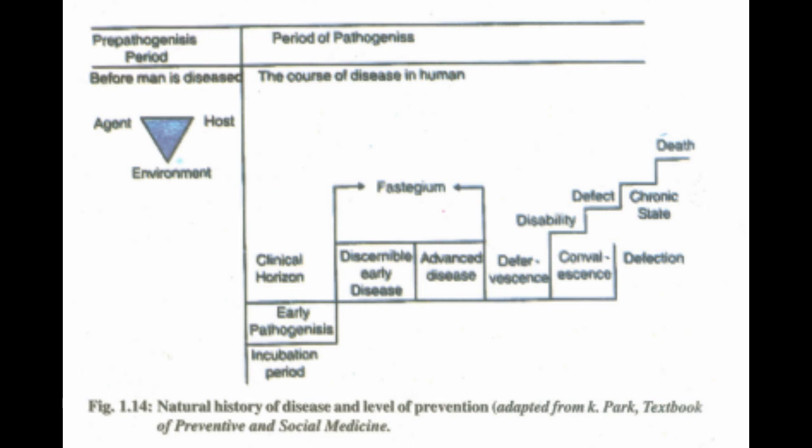2. The pathogenesis phase. This phase begins with the entry of the disease agent through appropriate channel in the susceptible human host. Example: entry of chickenpox virus, varicella zoster through the respiratory tract. The agent, i.e., the virus, grows and multiplies and brings about physiological changes in the body.